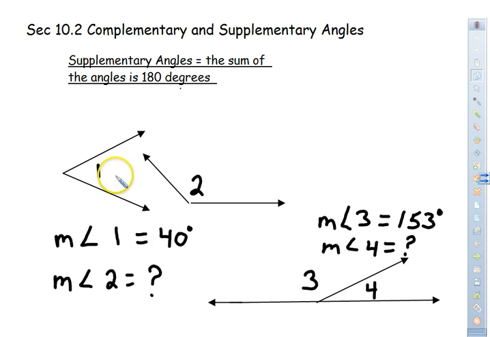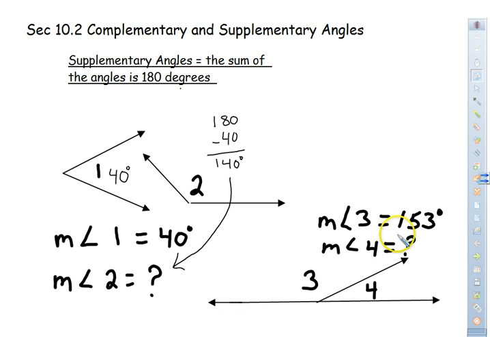Since we know that the measurement of angle 1 is 40 degrees, all we need to do is take 180 degrees, because we know that they are supplementary angles, so they will add up to a total of 180 degrees. So 180 minus 40 degrees gives 140 degrees as the measurement of angle 2.